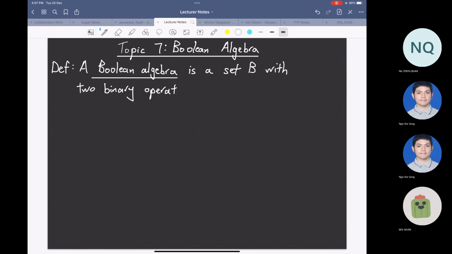One of them you can remember as OR and the other as AND, or sometimes we prefer to use plus and multiplication, or union and intersection. Two of these, they come as a pair. And then we have the elements 0 and 1 in the set.